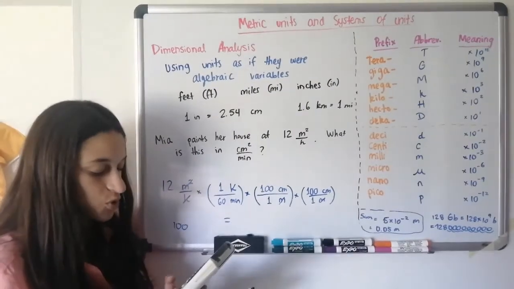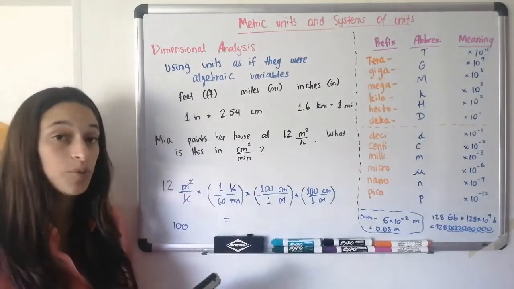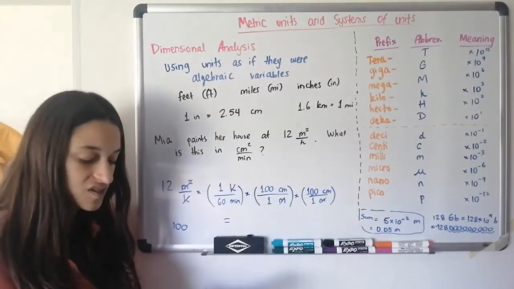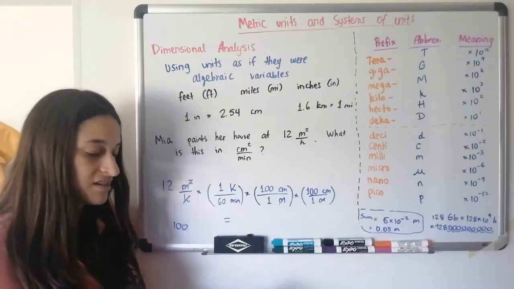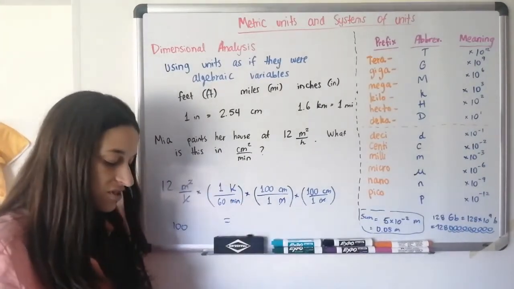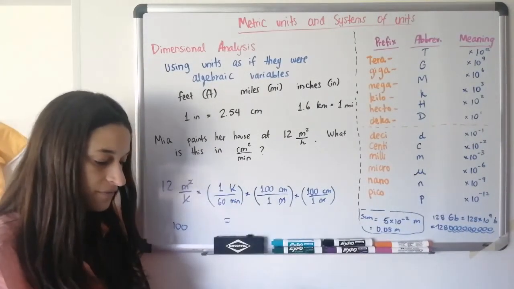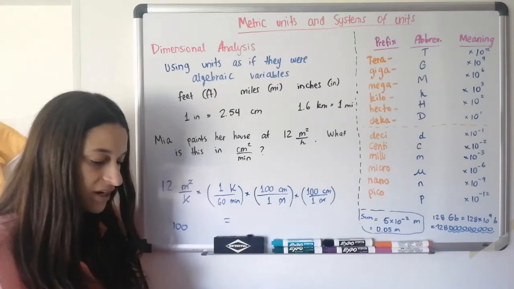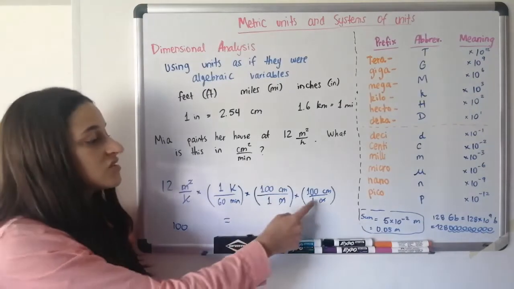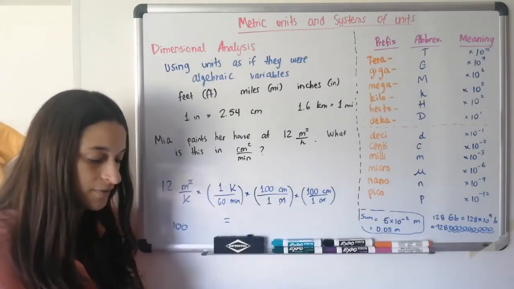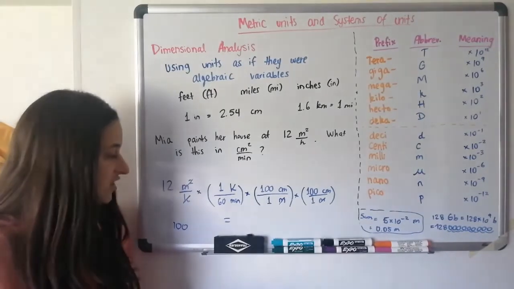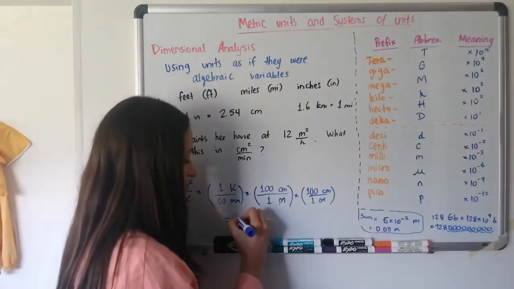So here we go. We put 12 times, and we open parentheses, and we put 1/60. Close parentheses, times, open parentheses, 100/1. Times, open parentheses, again, 100/1. Multiply all of that together, and we get 2,000.